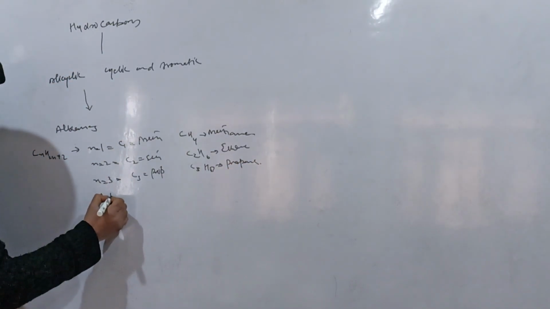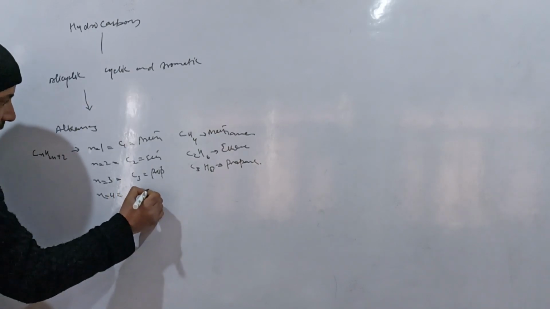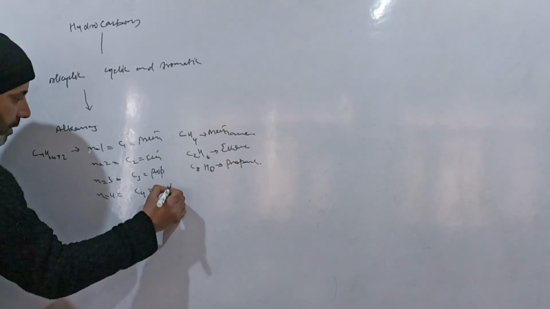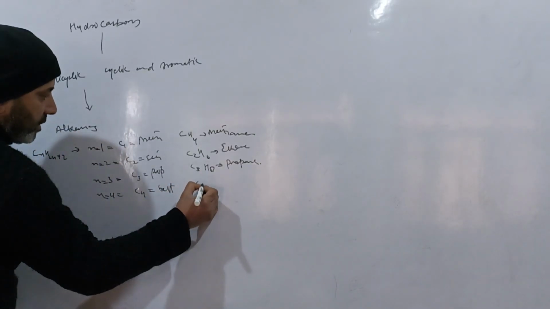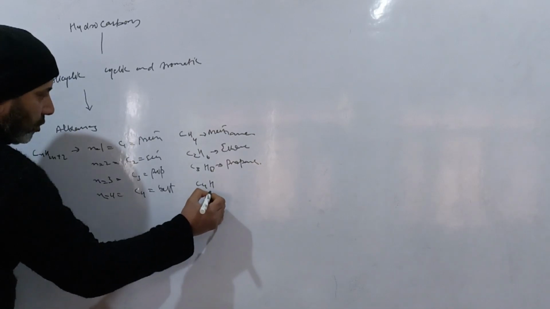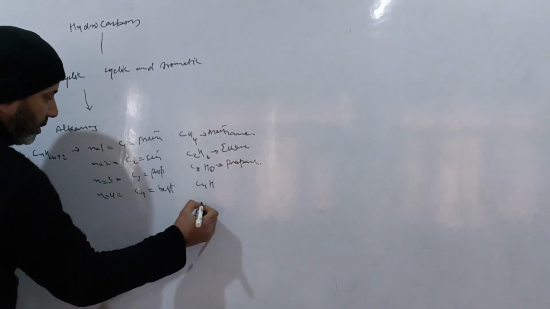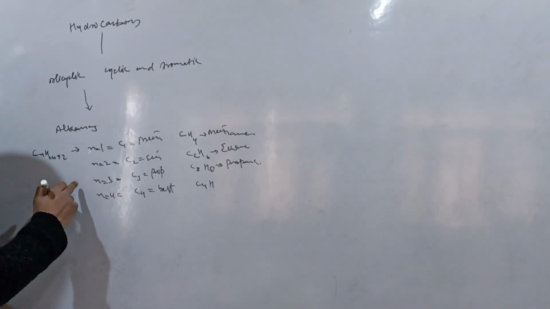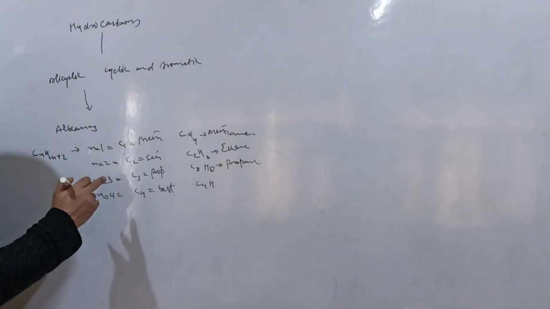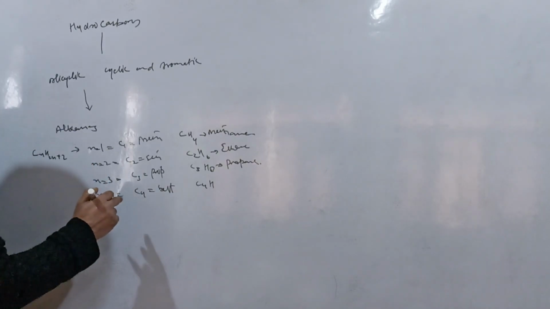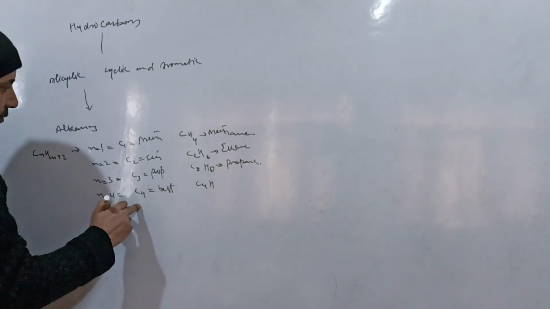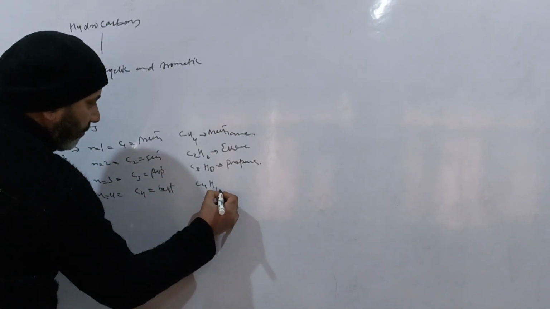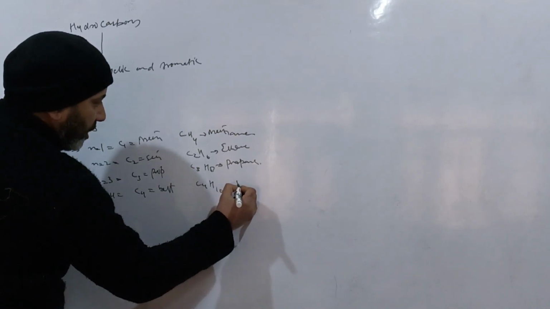Then n is equal to 4, C4, meaning but. For C3 it was 2 times 3 is 6, plus 2. So this becomes C4, 2 times 4 is 8, plus 2, C4H10, that is butane.